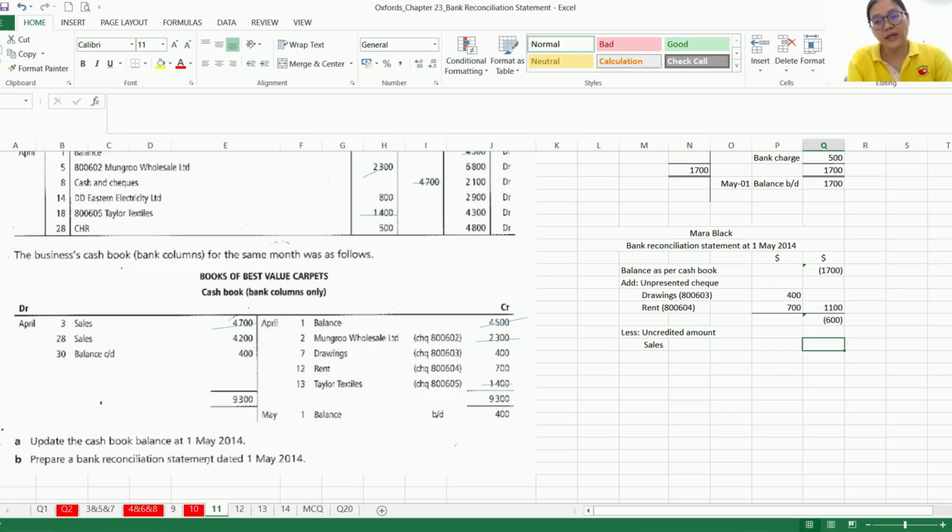So bank should have lesser amount compared to the cash book. So since both also negative, minus minus, then in this case, okay, so plus this one 1007, and here we have 4800.